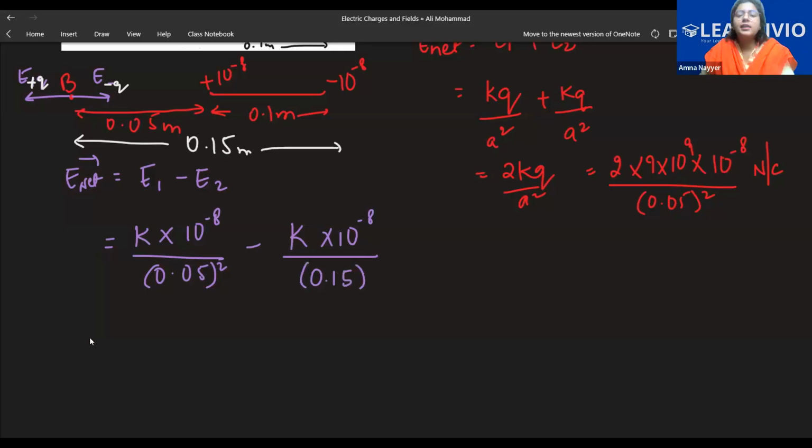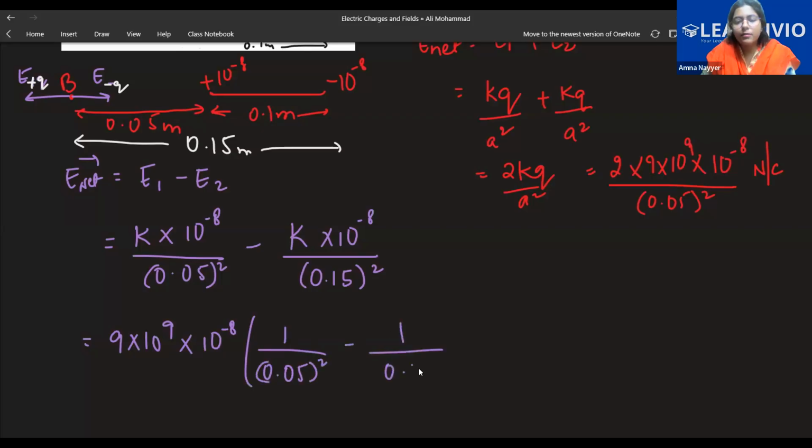So this you can calculate later. From this, if you take 9 into 10 to the power 9 into 10 to the power minus 8 common, you will be left with 1 by 0.05 whole square minus 1 by 0.15 whole square. This you can solve later. Newton per coulomb will give you the electric field.